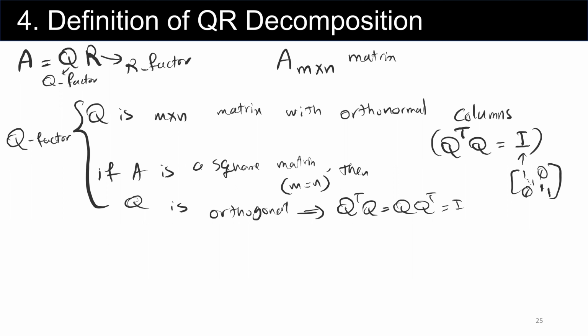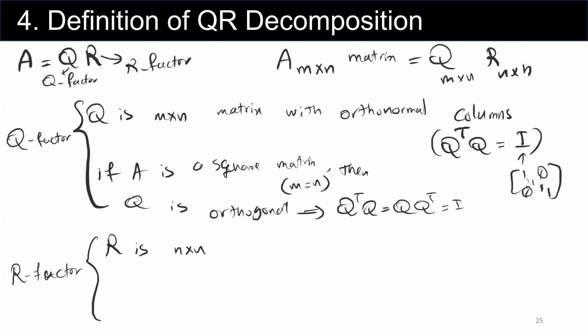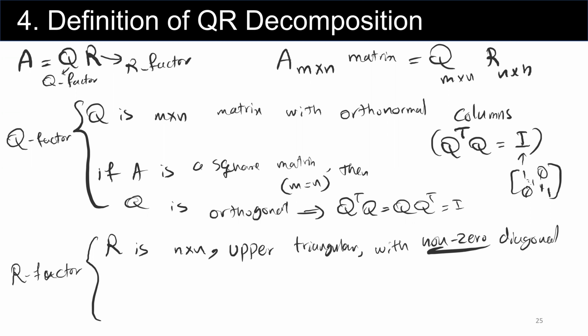All right, now let's take a look at the R factor. The R factor is n by n, so A is equal to Q, which is m by n, and R, which is n by n. It is upper triangular with non-zero diagonal elements. So it's something like this.